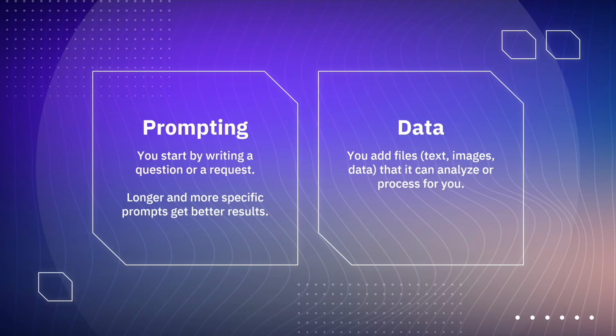So that is when you may add your file, either as text or as a document. Feed it to the AI so that it may process and analyze it for you and answer your prompt, whatever it may be. So that is an opportunity. You can add text, images, documents, different data sets to AI, feed it to it so that it may give back to you an analysis of that. So these are the two main ways that you can interact with AI.